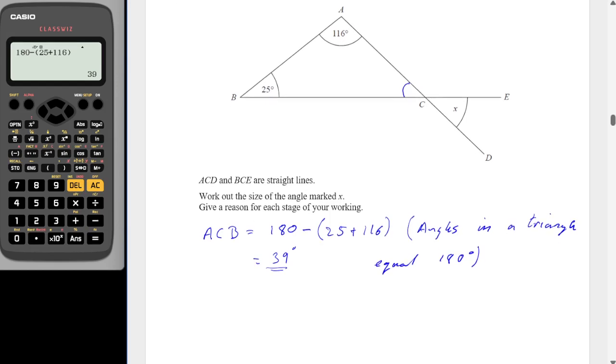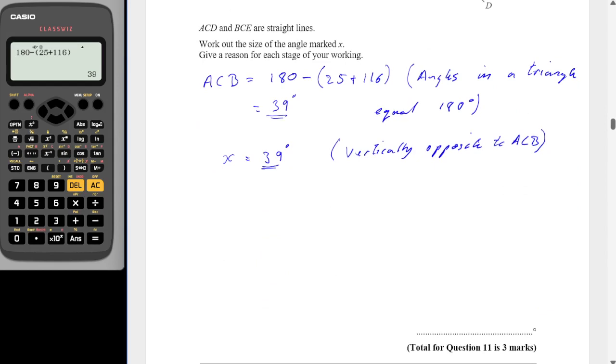And then I'm going to say that x then is also equal to 39 degrees. And my reason is it's a vertically opposite angle. Vertically opposite to ACB. And that's all I need for that question, so 39 degrees.